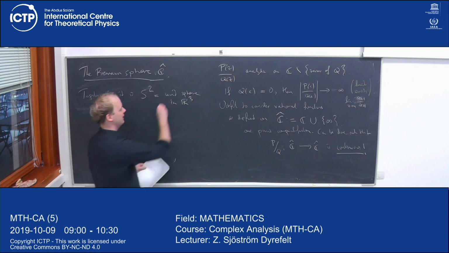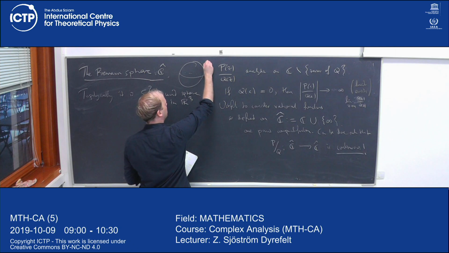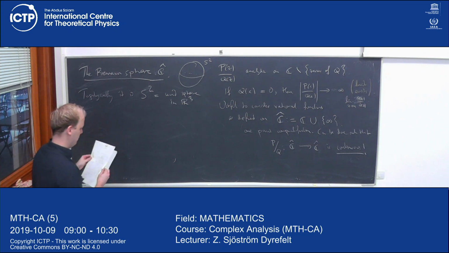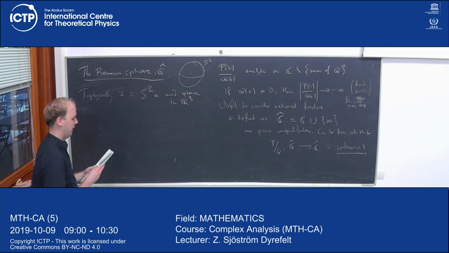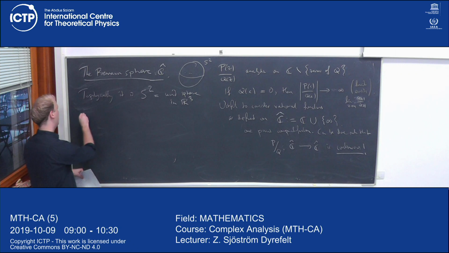So topologically it is this. This is S2, and we will see how we identify this with C hat. This is done via something called stereographic projection. So we have a projection here.